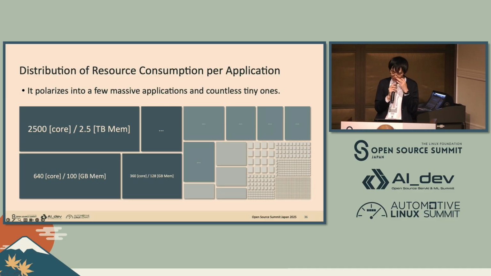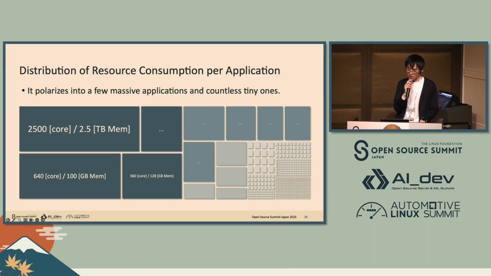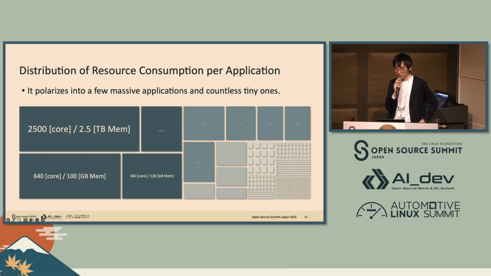And on a different note, let me introduce how we use workload isolation in a multi-cluster setup to prevent the noisy neighbor problem. This tree map represents the distribution of resource consumption of individual applications.